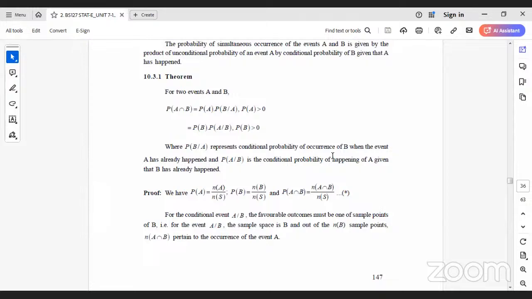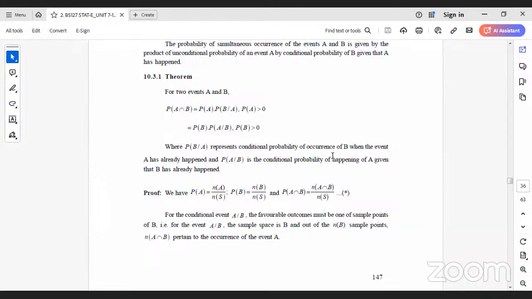Similarly, P(A ∩ B) = P(B) · P(A|B), where P(B) is greater than 0.